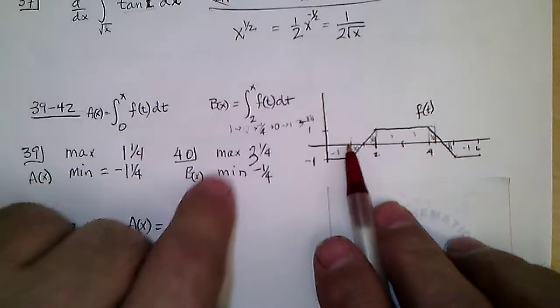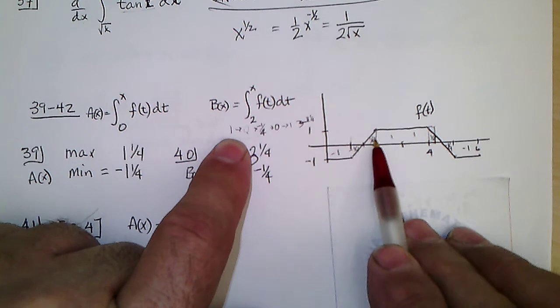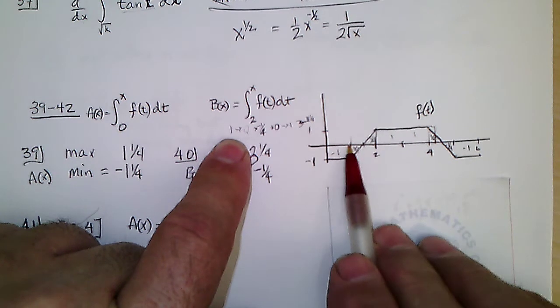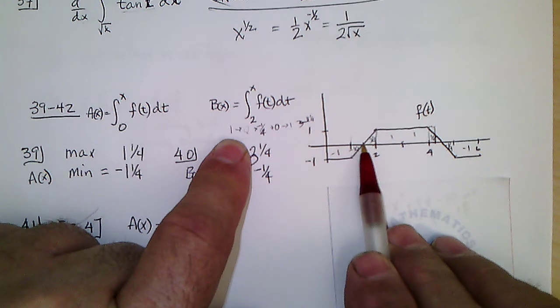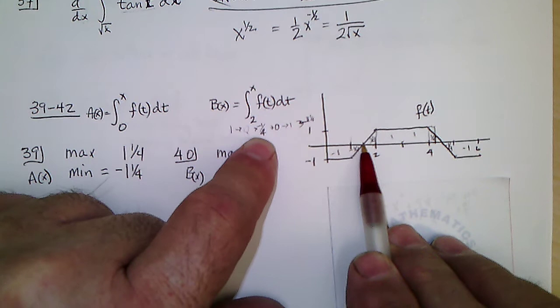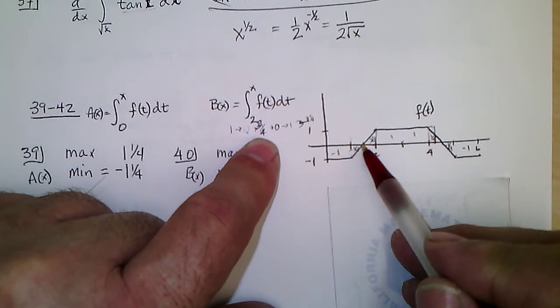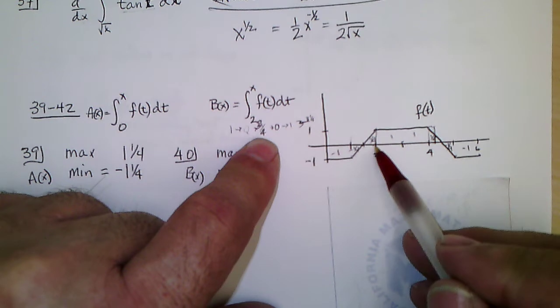Let's see. Thinking about this again here. 1 1/4 minus 1/4 is 1. Lose 1/4, that's 3/4. And then this takes off that.